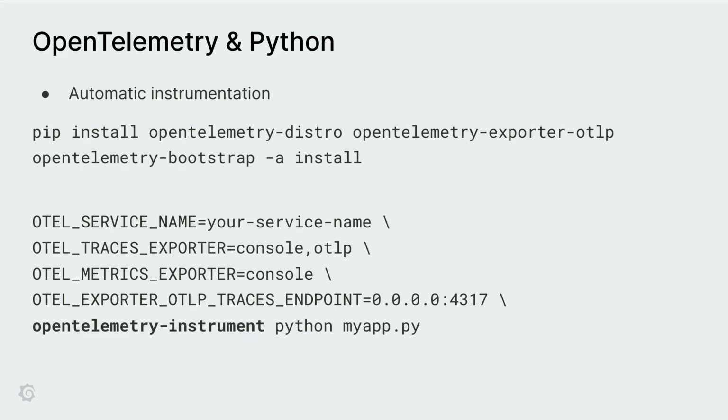Then you can run your Python application with this OpenTelemetry instrument, and this will automatically hook into different points of your program and start instrumenting it for free.